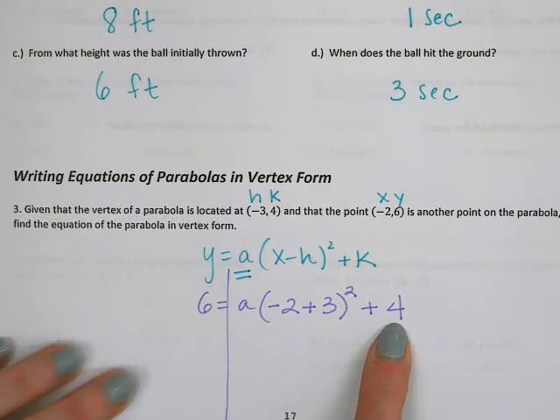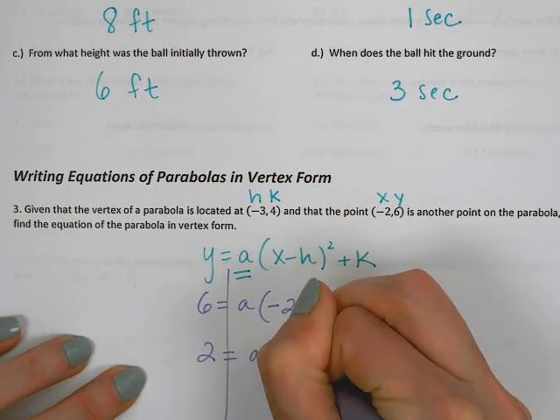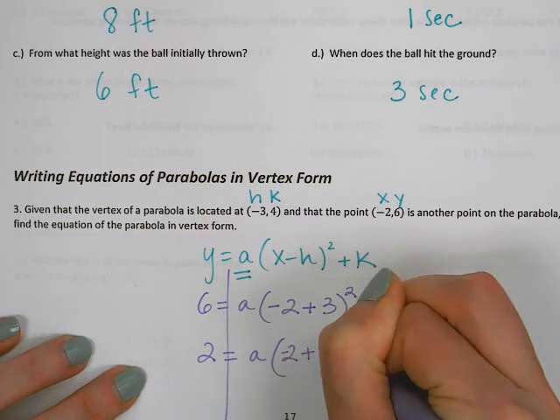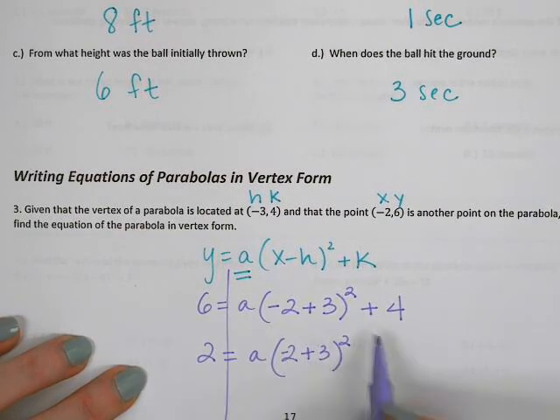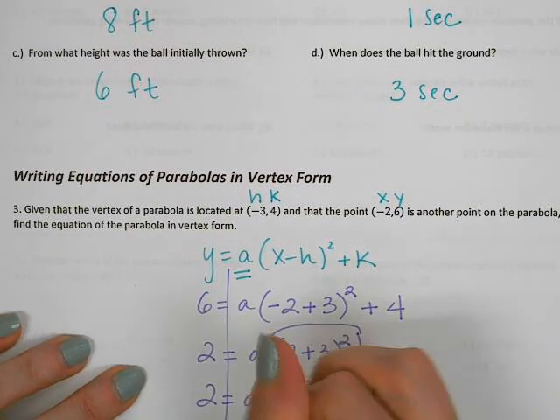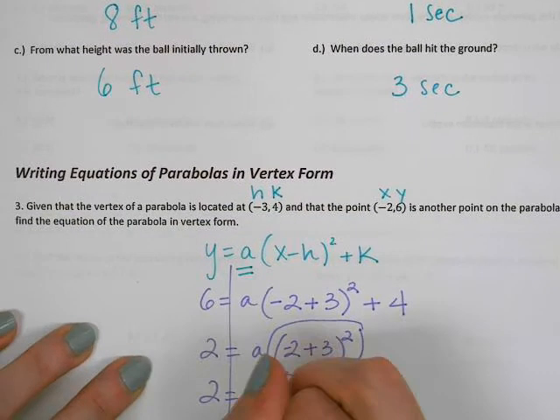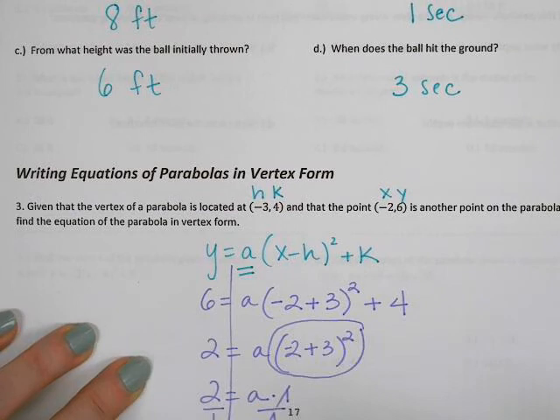So we're going to minus the 4 over to get 2, and then just copy it down. And then we're going to evaluate all of this business here. So negative 2 plus 3 is 1, and 1 squared is just 1. At this point, you could divide both sides by 1 to get a.